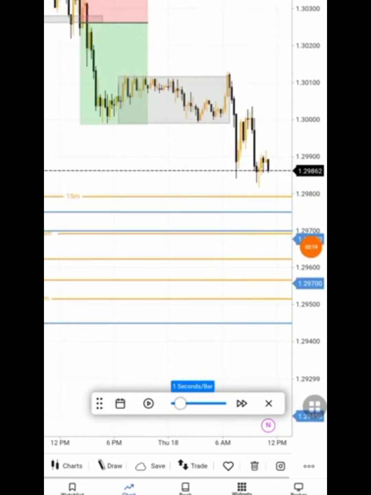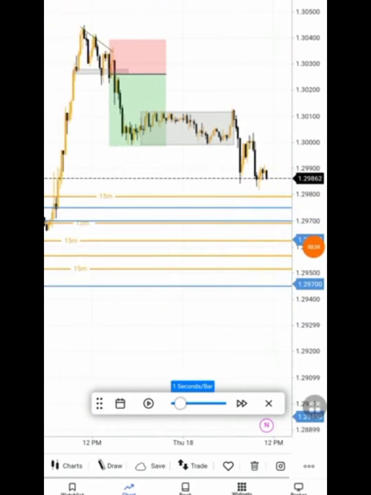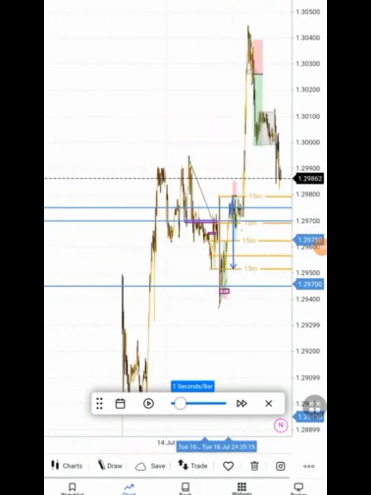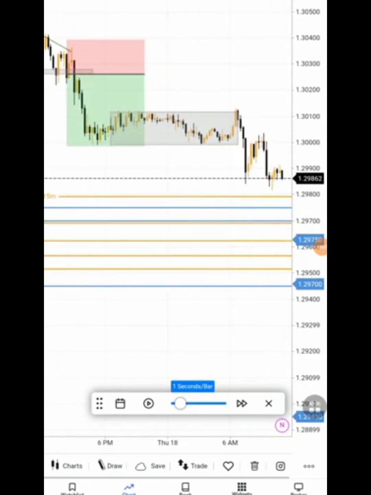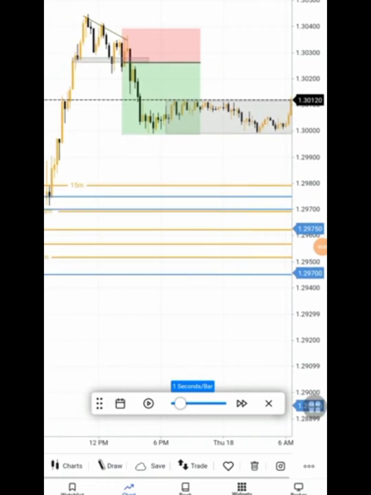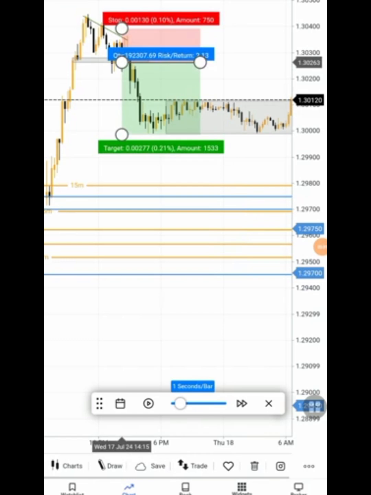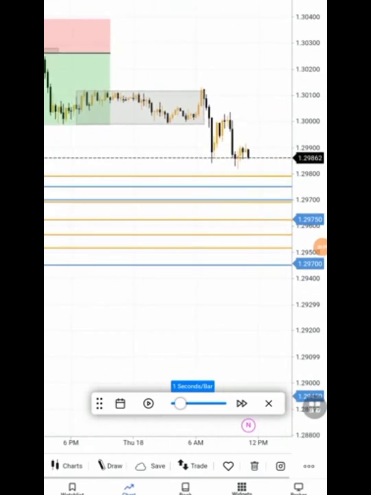Just see, price is consolidating. Imagine holding this trade from, let's say, 10, and it has already played out and given you this. Once it has given you this, and things are moving this way, are you still going to be on that trade? That's the question you ask yourself.